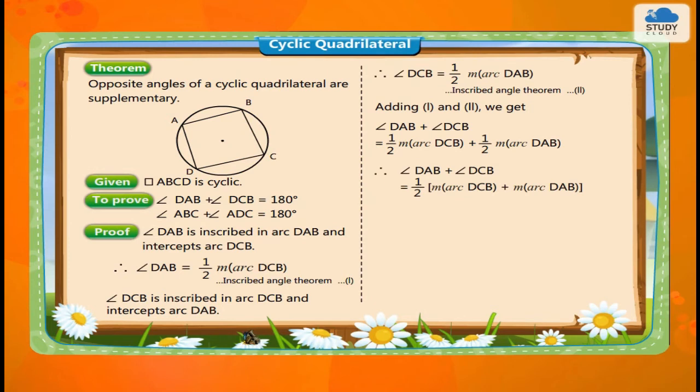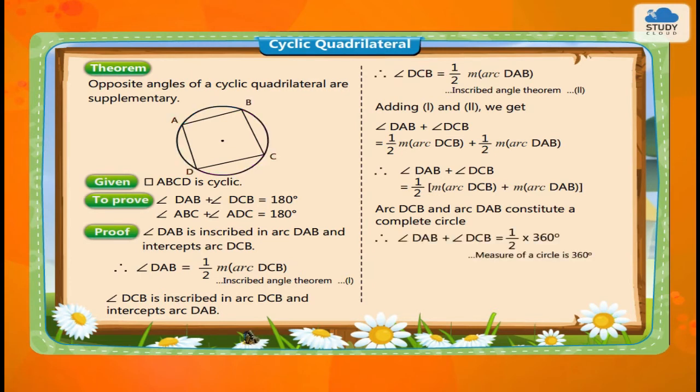Therefore, angle DAB plus angle DCB is equal to 1/2 into (measure of arc DCB plus measure of arc DAB). Arc DCB and arc DAB constitute a complete circle. Therefore, angle DAB plus angle DCB is equal to 1/2 into 360 degrees. Therefore, angle DAB plus angle DCB is equal to 180 degrees. Similarly, we can prove angle ABC plus angle ADC is equal to 180 degrees.